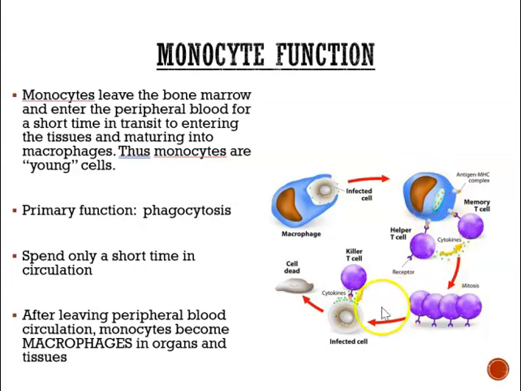This is the whole process our bodies go through to take care of an infected cell or foreign objects. Those macrophages and T cells work together to phagocytize and take out those foreign or infected cells.